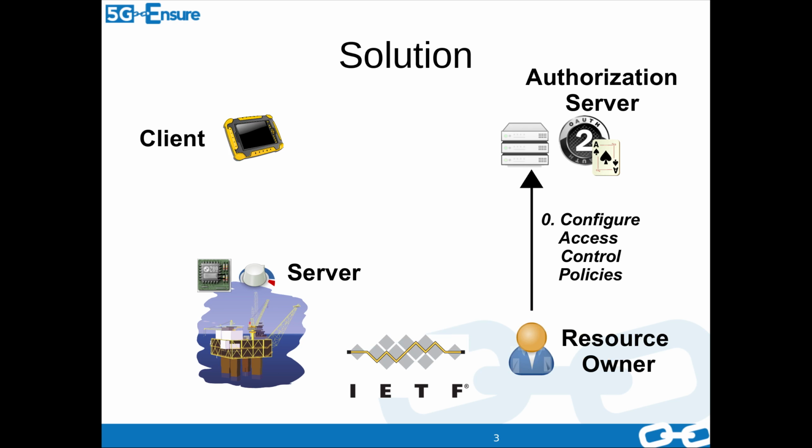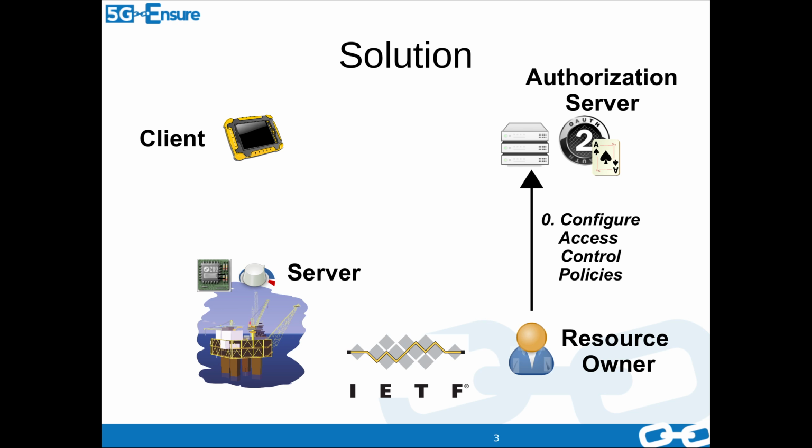Our solution is based on IETF standards, first of which is the OAuth 2 standard for access control, and a profile of that standard called ACE that adapts it to constrained environments. In this solution, we introduce a trusted third party, the authorization server.